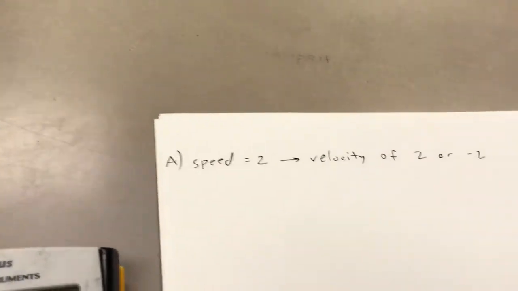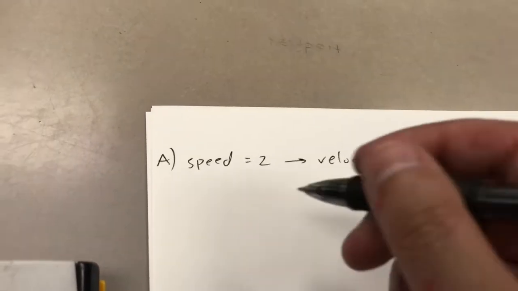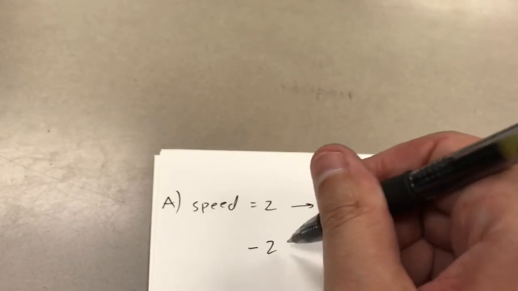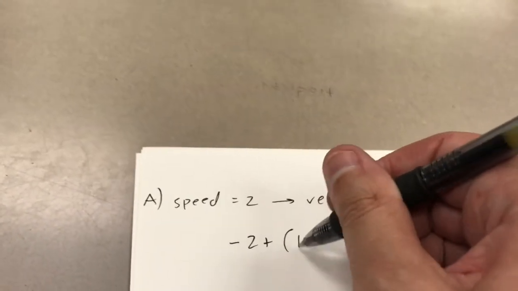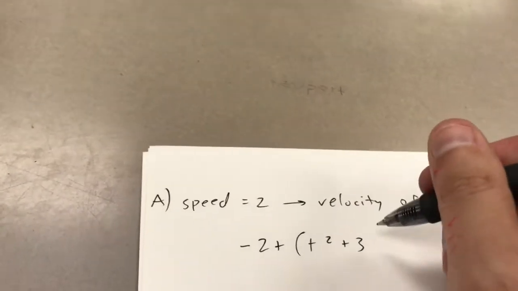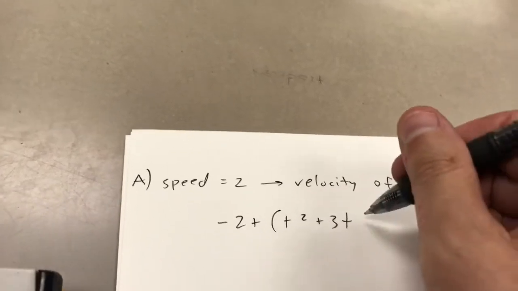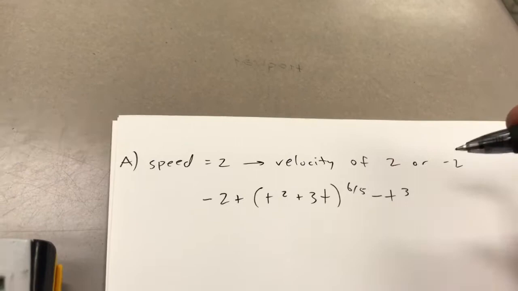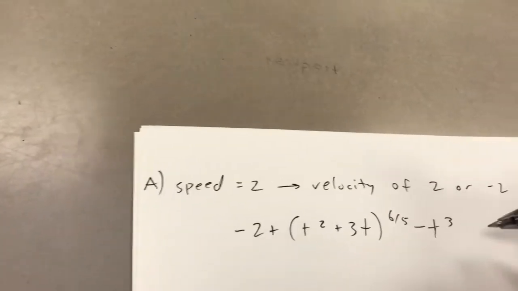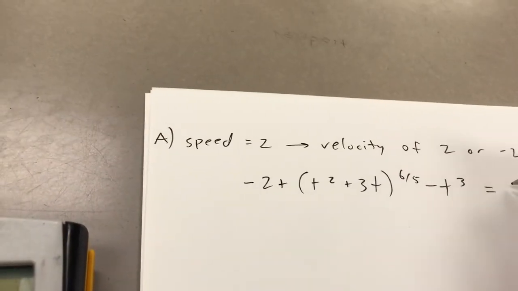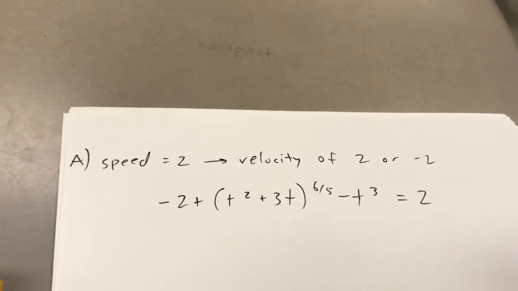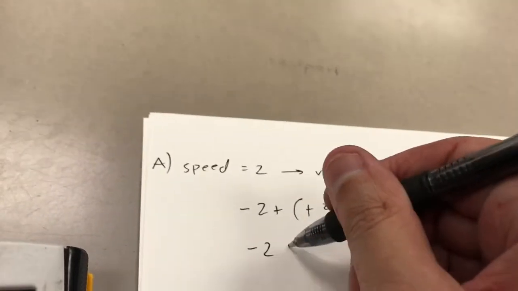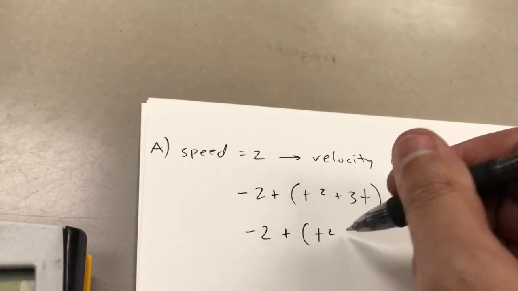So honestly, I would probably just take that equation, -2 plus t squared plus 3t to the 6/5 power minus t cubed. I would actually just set that equal to 2. And I would set the equation equal to -2.